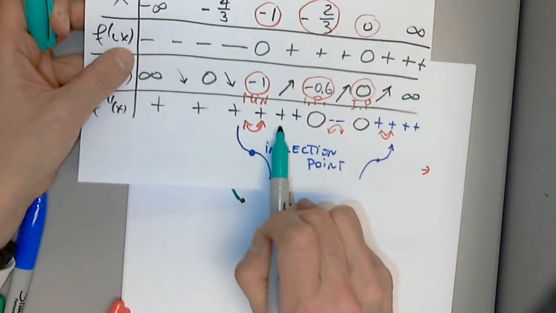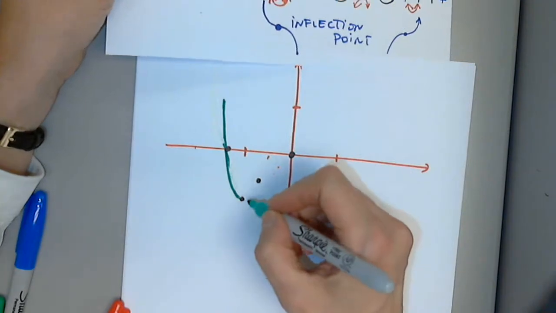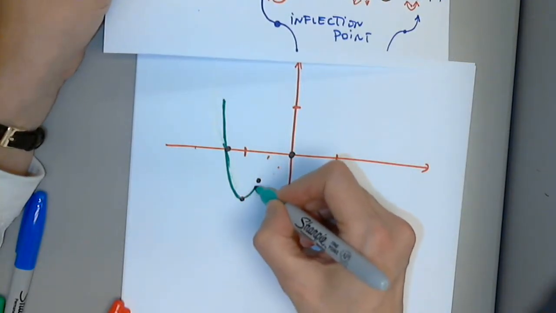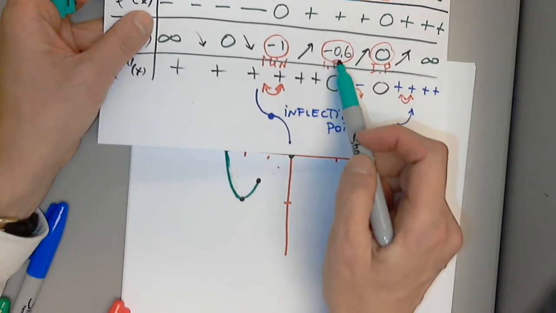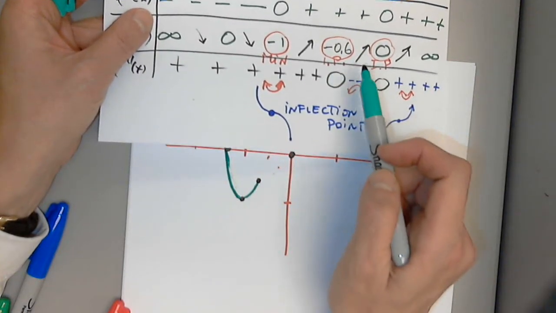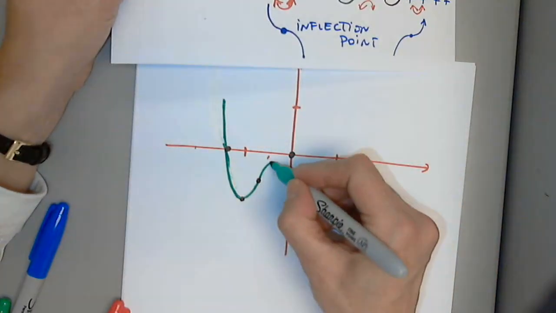where it's still opening upward, but now it's increasing to this point of a first inflection point. Increasing, opening upward till the inflection point. Still increasing, but it opens downward till the other inflection point, 0, 0.